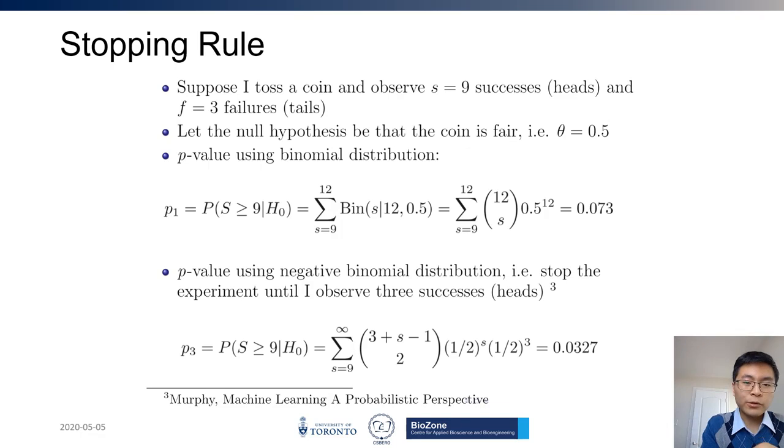So we're going to conduct a very simple experiment and suppose that this is the data we observe. You toss a coin, independent coin tosses, a total of 12 times, and you observe 9 heads and 3 tails. You're going to assume the null hypothesis, i.e. the coin is fair.